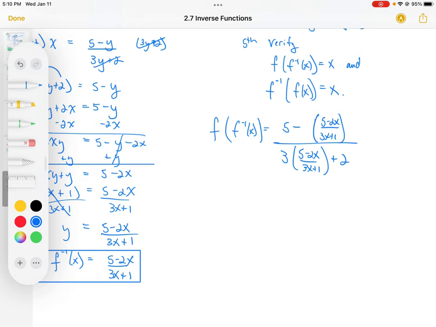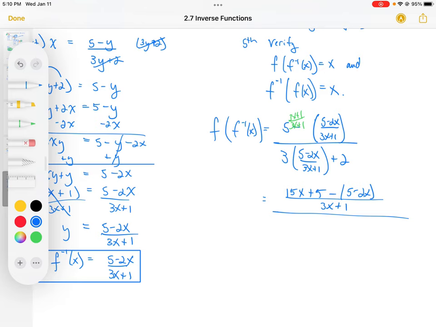So I'm going to find common denominators in the numerator. If I multiply this by (3x plus 1) over (3x plus 1), I will get in my numerator 15x plus 5 minus 5 minus 2x, all over 3x plus 1.